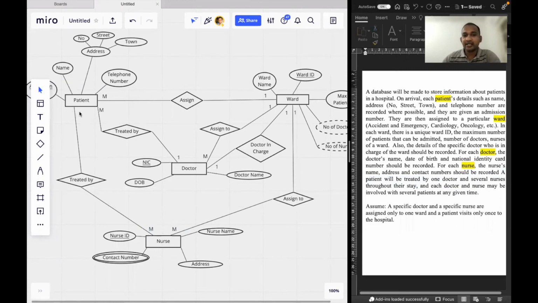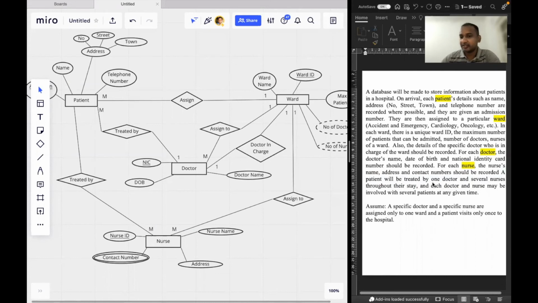And put the cardinality to the other side, that means the patient side. If you want to put the cardinality ratio to the patient side, you have to take the nurse side as 1. Take one nurse. If you take one nurse, can be treated to how many patients?